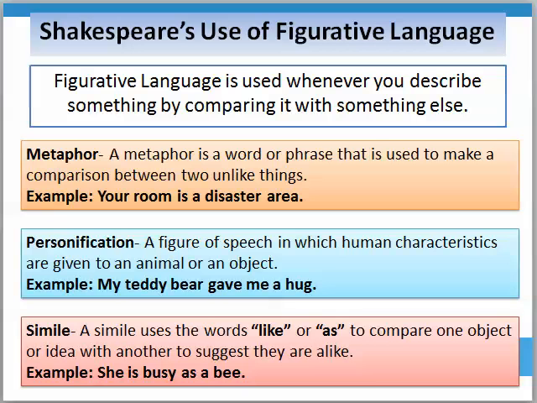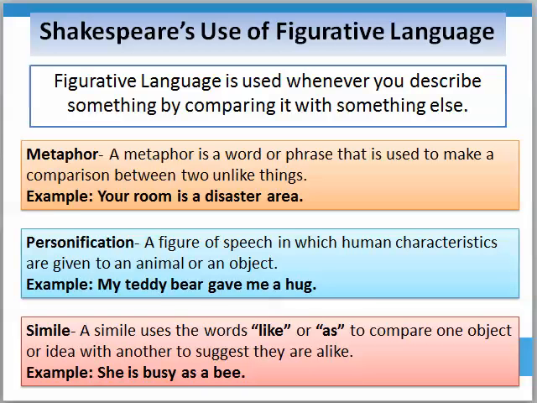Now we're going to look at Shakespeare's use of figurative language. And figurative language is used whenever you describe something by comparing it with something else. So the main points: a metaphor is a word or phrase that is used to make a comparison between two unlike things. So our example is, your room is a disaster area. Next is personification.